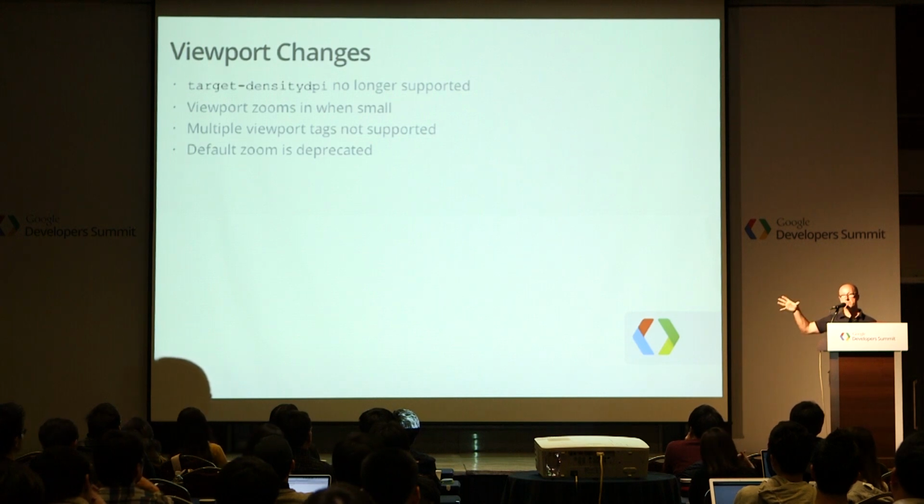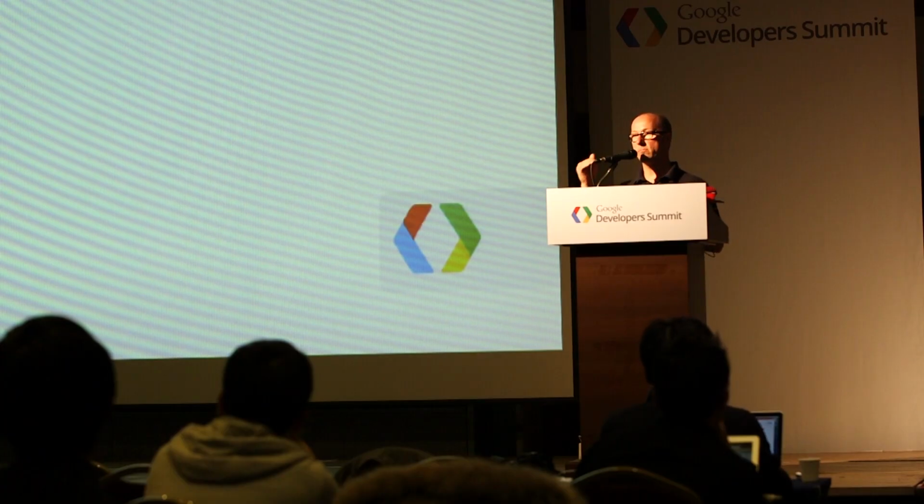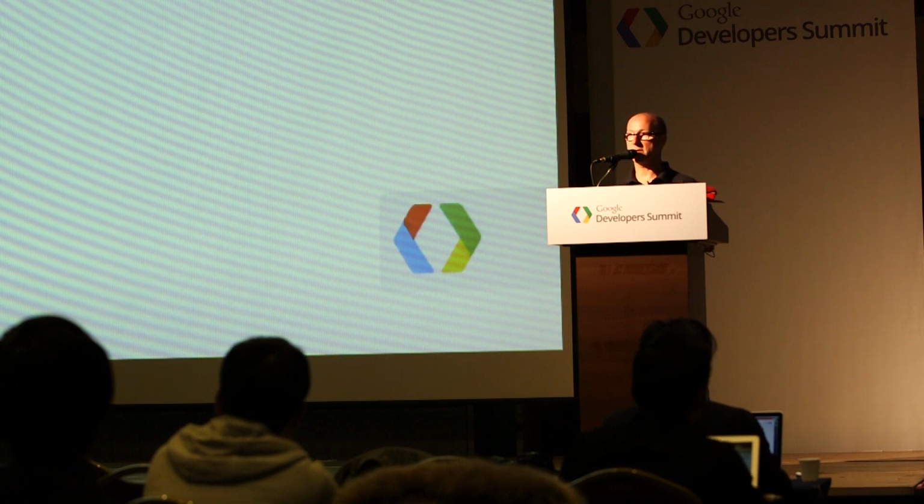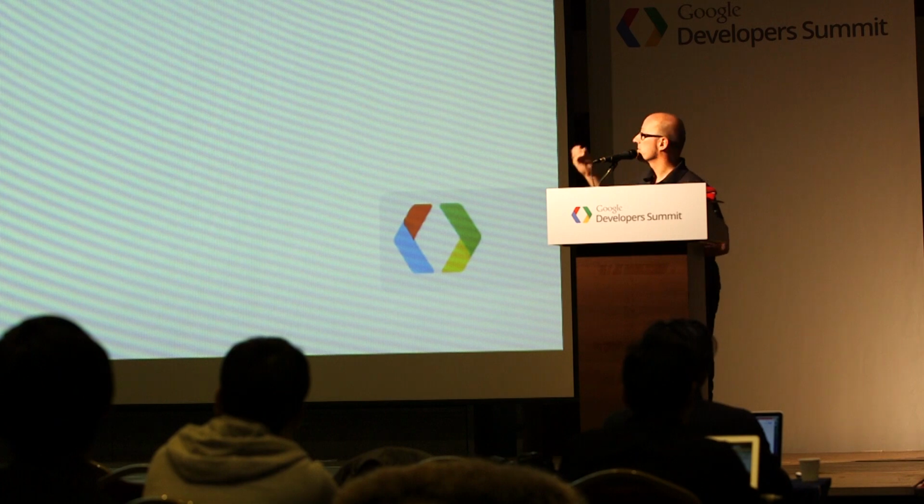There's a whole lot of tags to control how the viewport behaves, whether zooming works. In the old WebView, you could put 2 or 3 of these in with different values, and they would concatenate, put all the values together and use the union of them. In the new WebView, only the last one is actually used, so be careful if you have existing content. And the default zoom, as I said before, is deprecated.